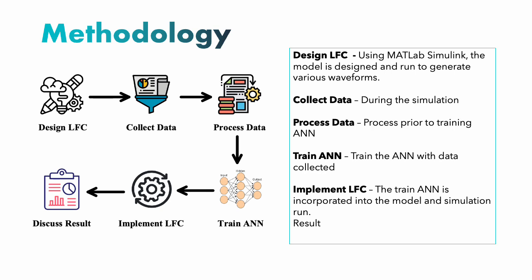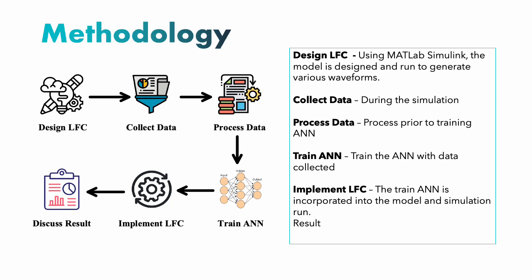So in terms of methodology, the ANN controller cannot operate on its own. It needs data. So we needed to feed the ANN with data to train the controller. In order to do that, we simulated a system using a PID controller. We generated the data from this PID controller.